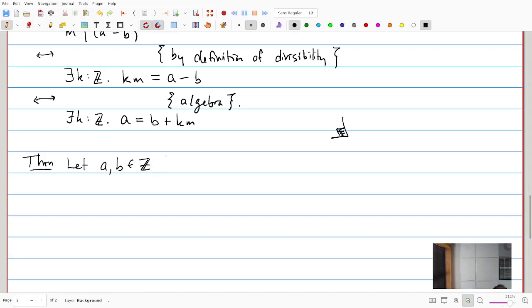A, B are integers, and M is a positive integer. Then A is equivalent modulo M to B if and only if A mod M equals B mod M.